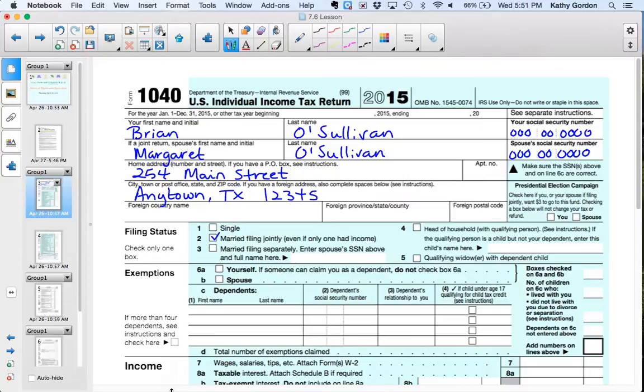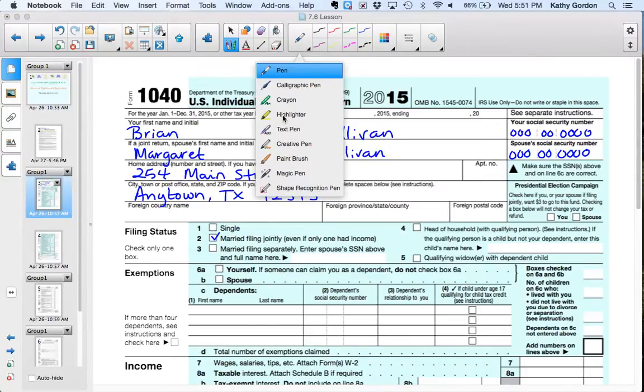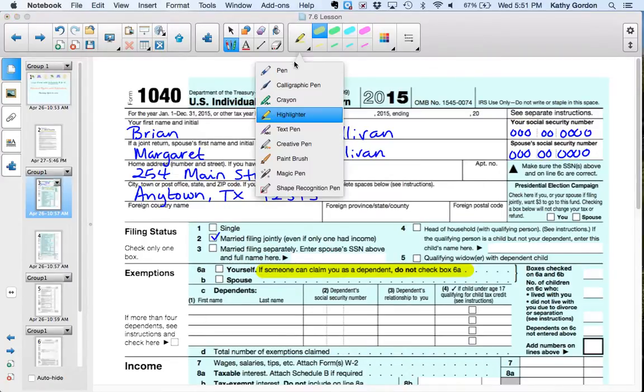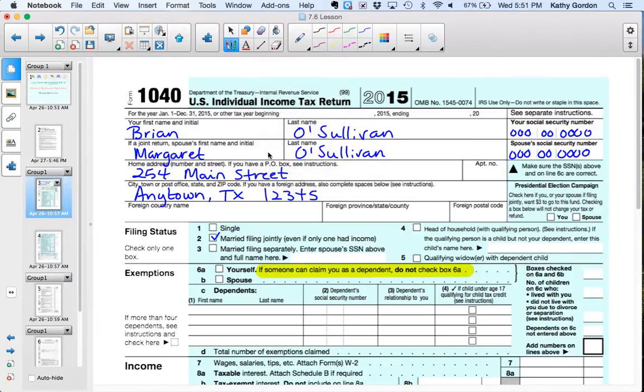Okay, in this case it says if someone can claim you as a dependent, you do not check. Okay, so based on that, we are going to check because we are assuming that as a married couple, no one else is claiming them. So we will check for both Brian and Margaret.